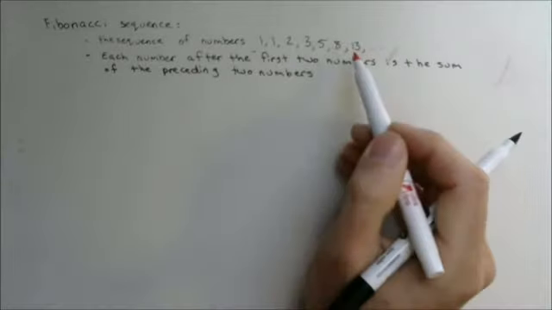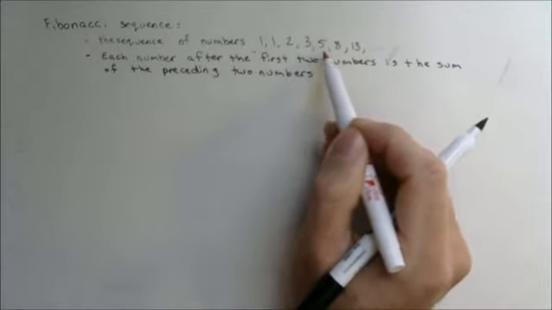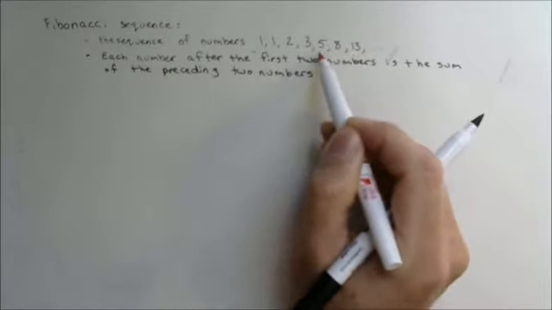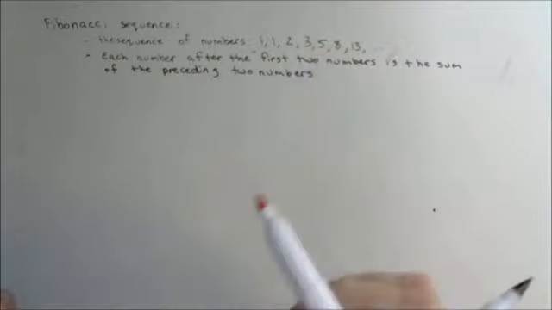We already talked about that. How do you get 13? You add up the 2 preceding numbers, the 2 numbers that come directly before 13. 5 plus 8 is 13, okay?